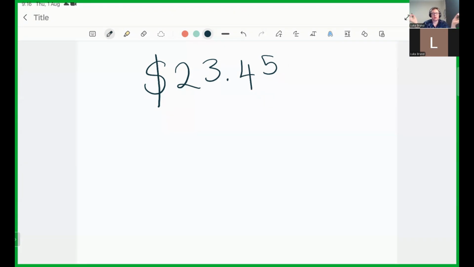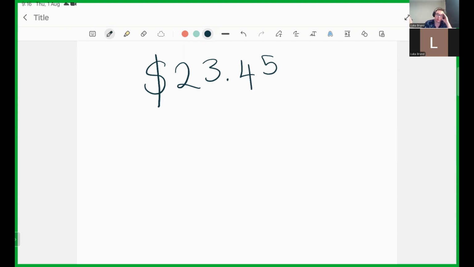We cannot get change. So what that means is that we need to give the shopkeeper the amount of money that is closest to how much we owe. Now, that's going to look different. We're going to run through a bunch of scenarios and see how that's different in different scenarios.